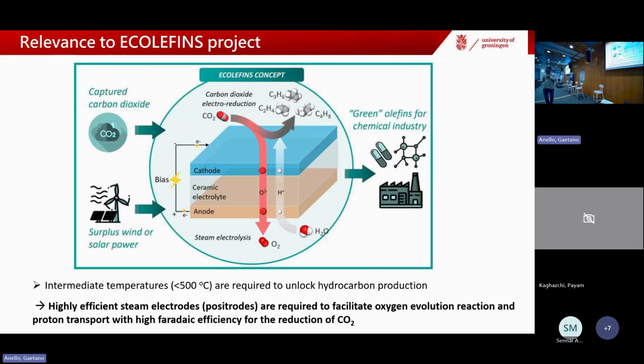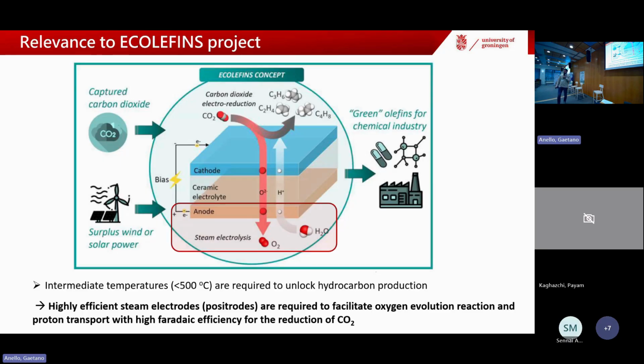So the core innovation of the concept is that we are using a co-ionic cell. Practically, part of the steam that will be produced would be electrolyzed again and produce some hydrogen. This type of concept is, I would say, a hybrid solid oxide and protonic ceramic technology. What is important, except for the CO2 side, and this is what the University of Groningen and the University of St Andrews are focusing on, is what is happening on the second side, where we have the steam.